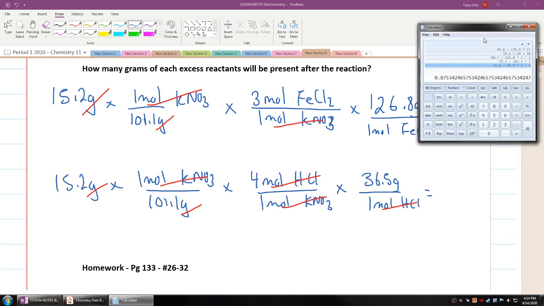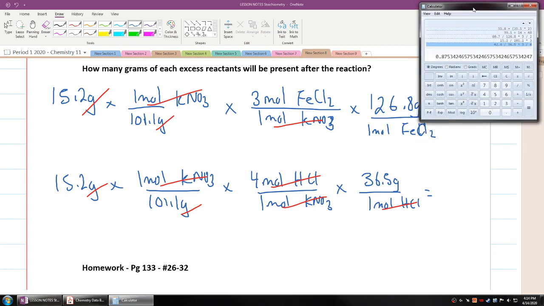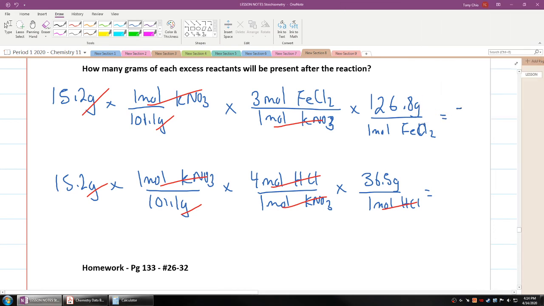And we could see that with our calculations here, we have 15.2 divided by 101.1 times 3 times 126.8. And we could see that for KNO3, we used up 57.19 grams initially. Okay.